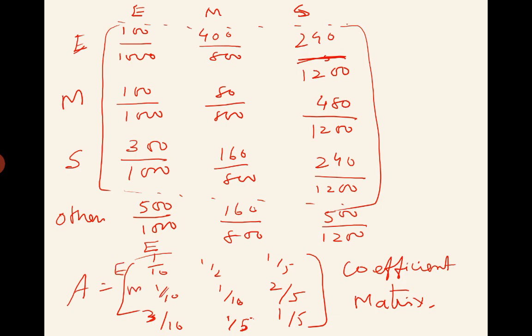This is energy, manufacturing, third service. So this ratio gives how much it consumes from other sectors to produce one output.